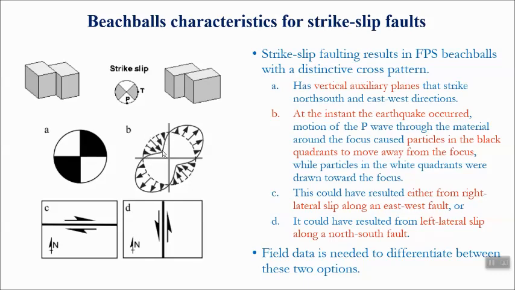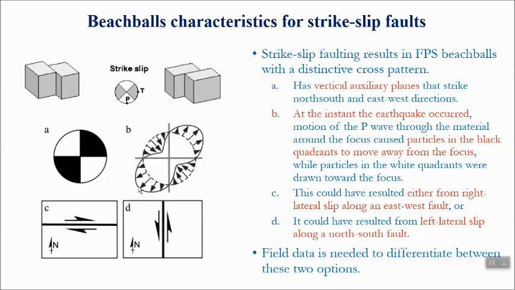Now coming to the next important thing that we already have understood: along different quadrants of this fault plane, we get compression and tension. In the beach ball, the dark circle, the quadrants represented by the dark shades have tensile tensors.